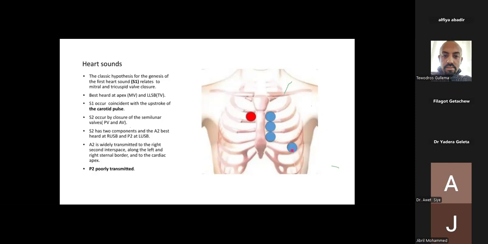So the S1 heard here is only the closure of the mitral valve, and the tricuspid valve is heard only in its own area. It will not be transmitted. S1 and S2 are heard everywhere, and all the S1 you hear is the closure of the mitral valve. The same is true for the aortic valve, the secondary sound: the aortic component is heard here, and only in the pulmonic area will the pulmonic valve closure of the S2 be heard.